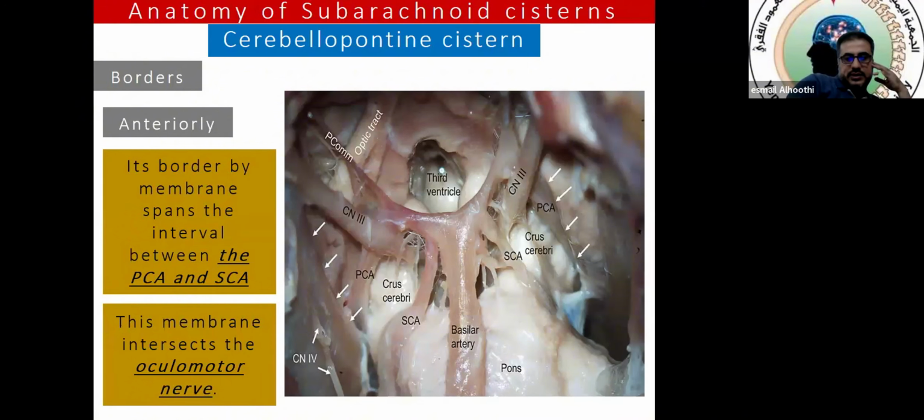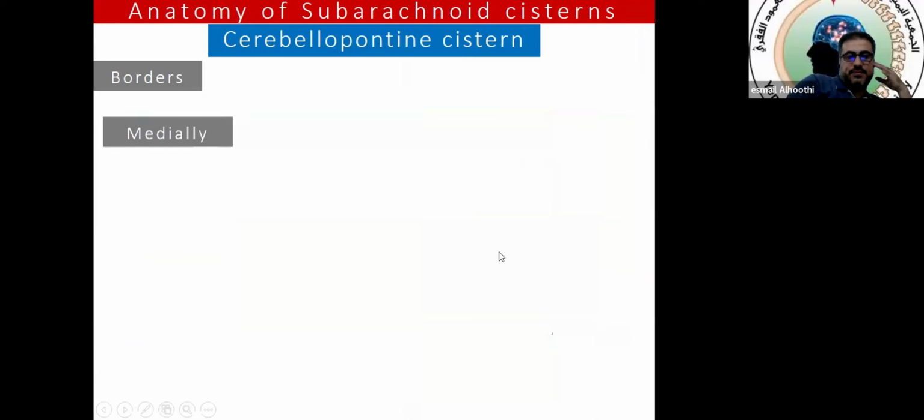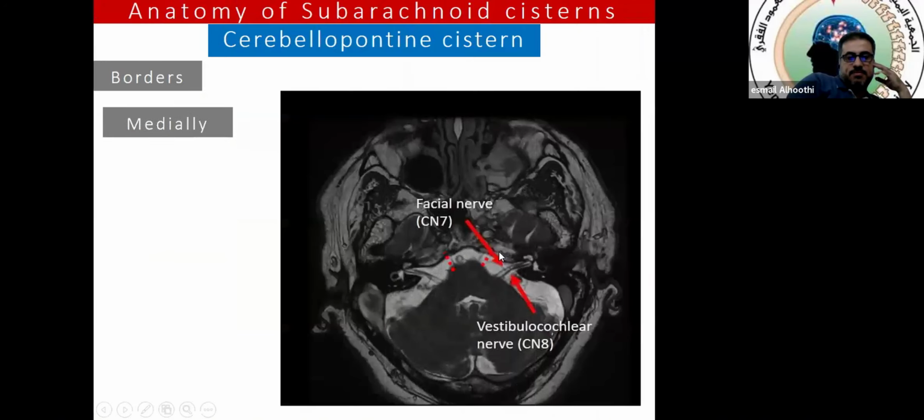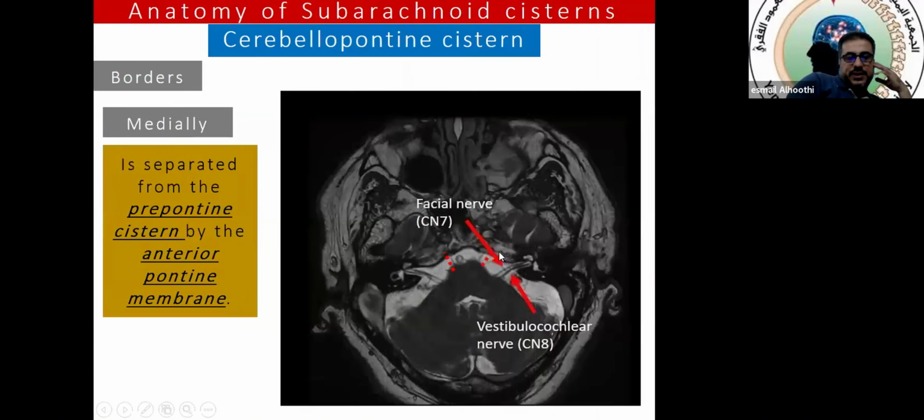Also, as we see here in this picture, this is the posterior cerebral artery and the superior cerebellar artery. The membrane spread between these two arteries makes the anterior boundary of this cistern. Medially, it is separated from the prepontine cistern by the anterior pontine membrane.